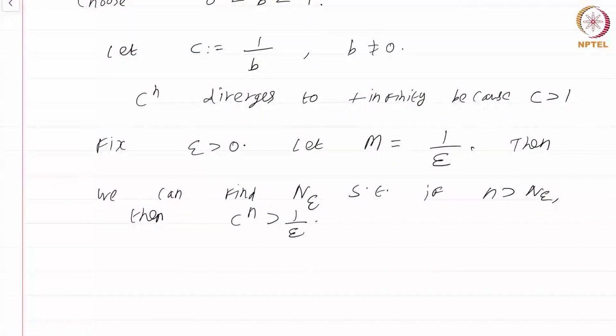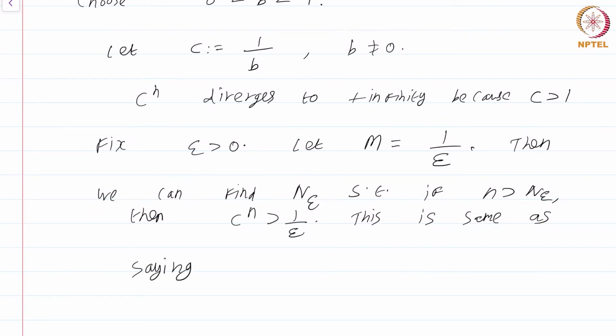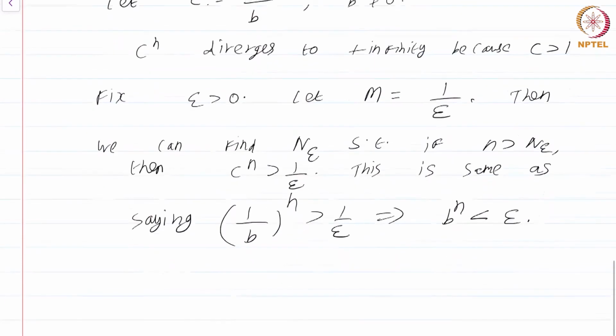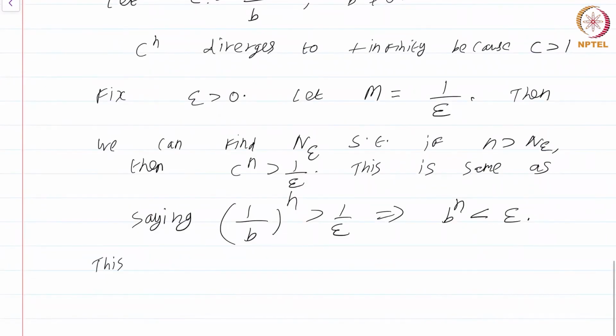Okay. But this is same as saying 1 by b power n is greater than 1 by epsilon, which is same as saying b power n is less than epsilon. Okay. So this shows b power n converges to 0.